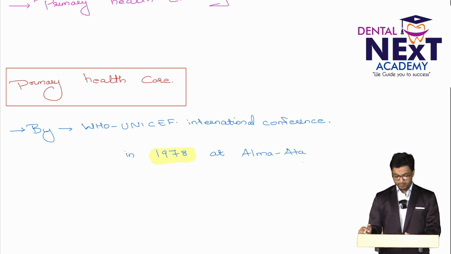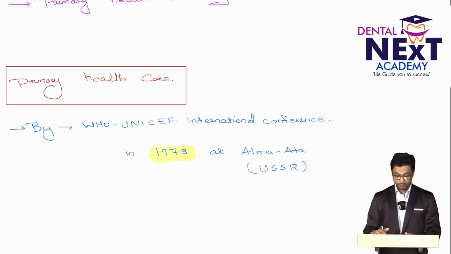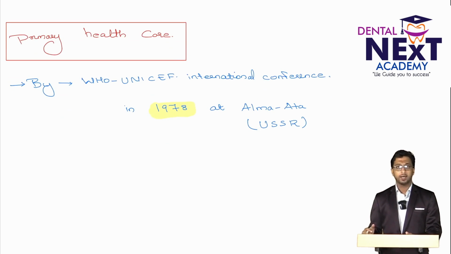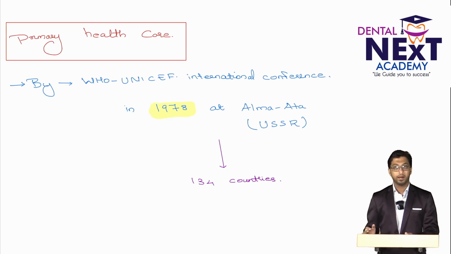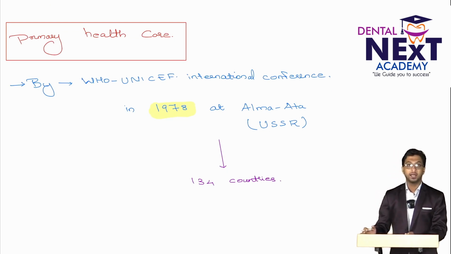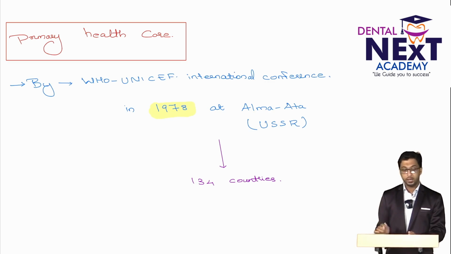Alma Ata is a place in the USSR, the old Russia. In the USSR, at Alma Ata, they considered that we should be giving priority to primary health care. It was accepted by 134 countries at that time, who were members of WHO and the United Nations. So the concept of primary health care came, and this is related to the Alma Ata Declaration.